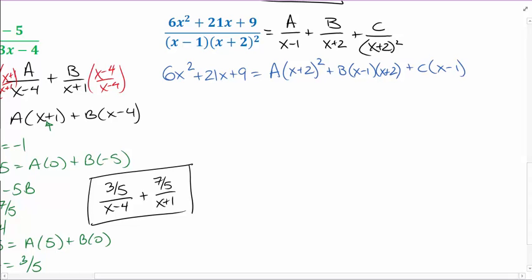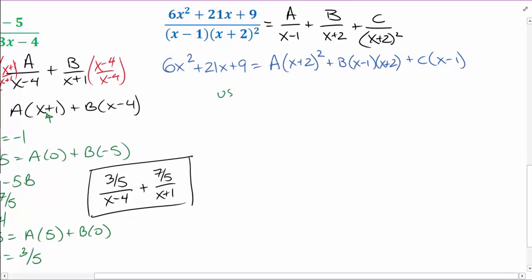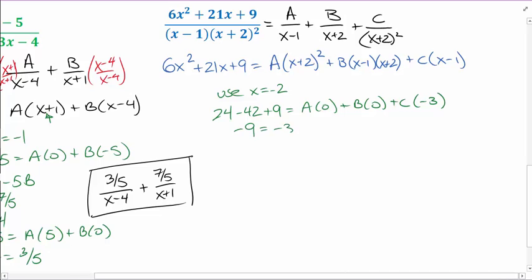Here I have three unknowns, so I'm going to need to plug in three distinct values. I'm going to start by using an x value of negative 2. When I insert negative 2, I'll get 24 minus 42 plus 9 equals a times 0, b times 0, and c times negative 3. This will yield negative 9 equals negative 3 times c.